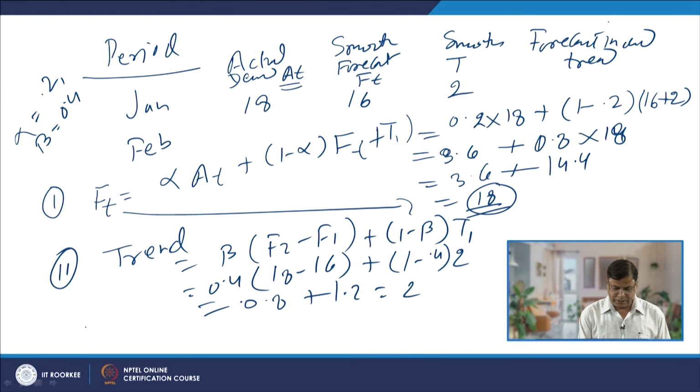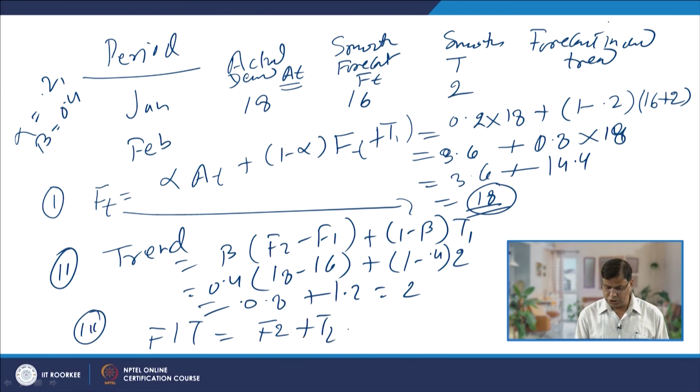Finally, the third step is to calculate the FIT, the forecast including the trend, which is F2, the exponentially smoothed forecast, plus T2. Here we have got the exponentially smoothed forecast of 18 and the exponentially smoothed trend of 2. So 18 plus 2 becomes 20.